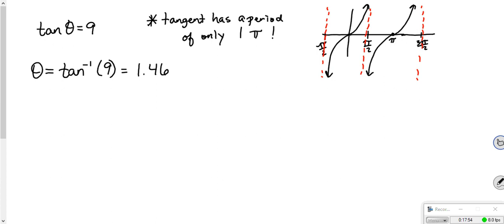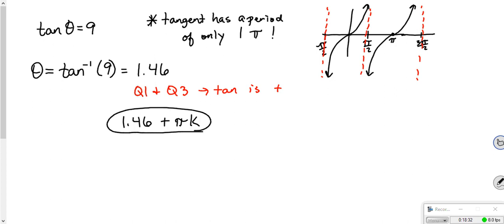Now again, we're looking for something cyclical. We're looking for every occurrence. So it's going to happen in the first and third quadrants. First and third quadrants, tangent is positive. But since tangent, again, just has a period of 1 pi instead of 2, then my answer would be 1.46 plus pi k.